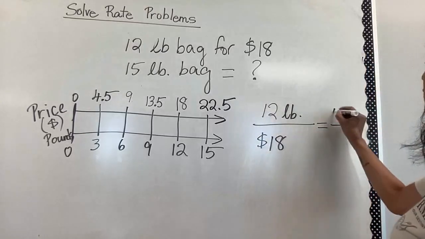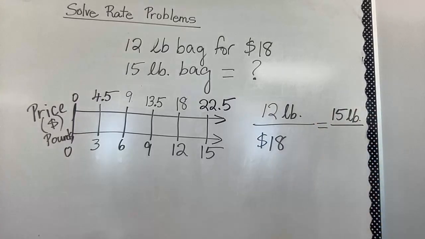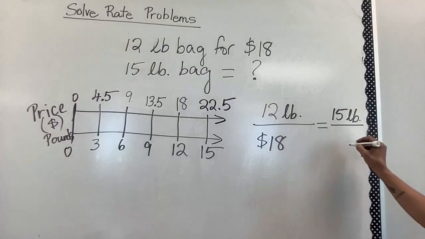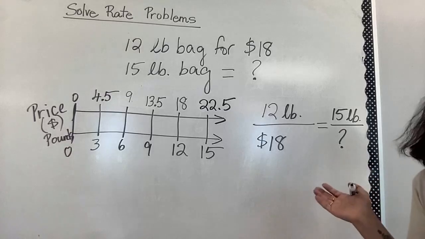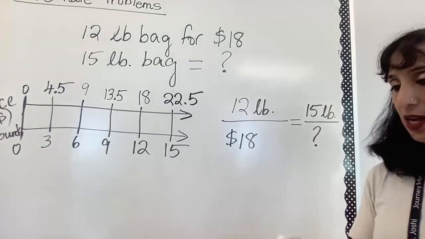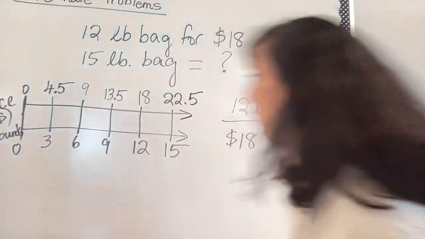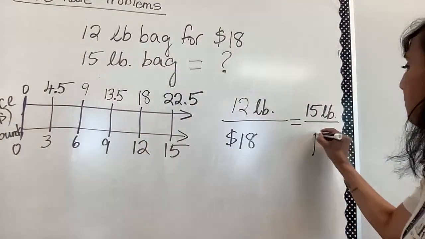So 15 pounds will be how much? I'm just going to write a question mark so that you understand what I'm looking for. Now I'm going to substitute the question mark with P because we are trying to find the price.